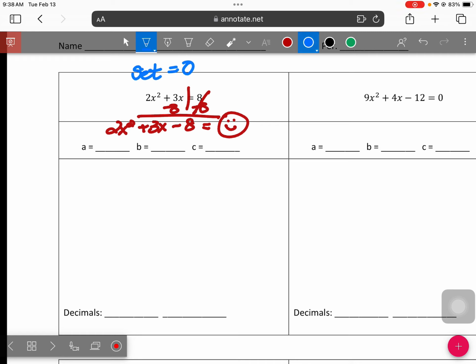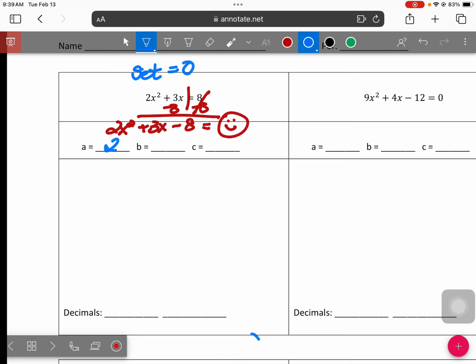So I have an a value, Devion, of how much? Can you hear me? What's my A value here? Not the X, just the coefficient, just the numbers. Good, 2.